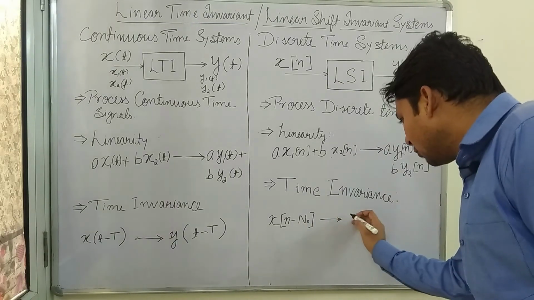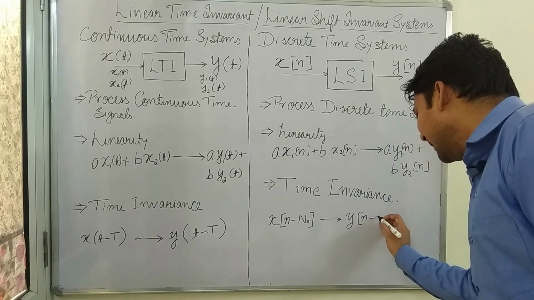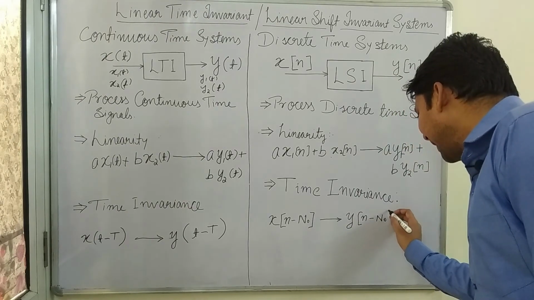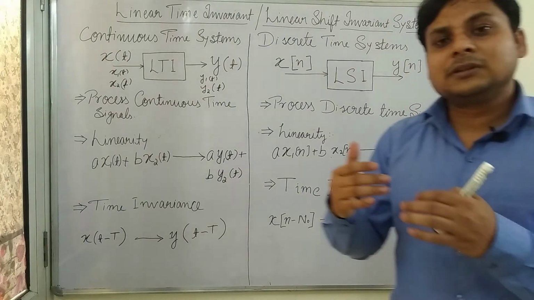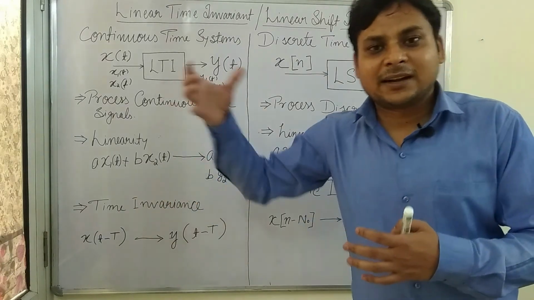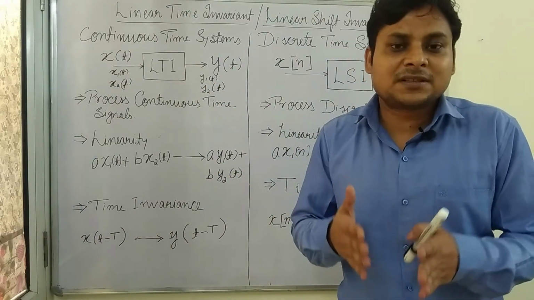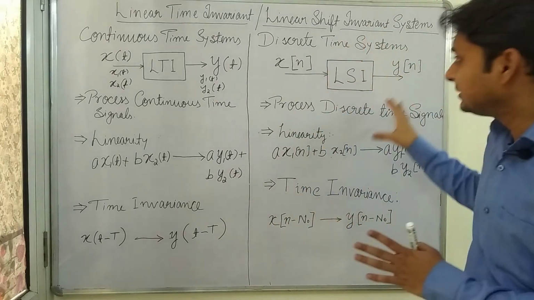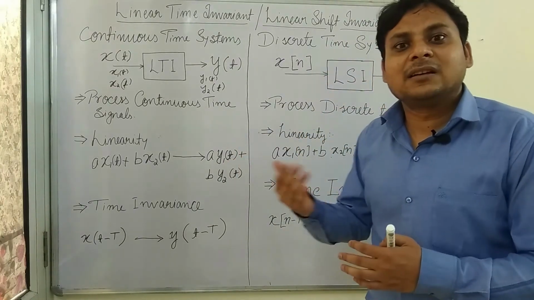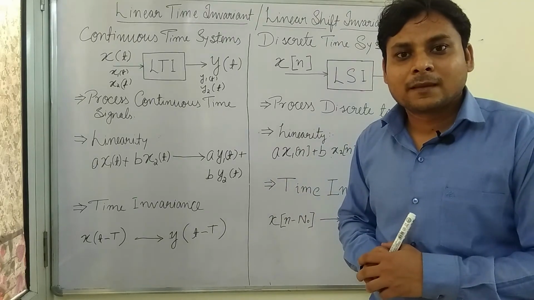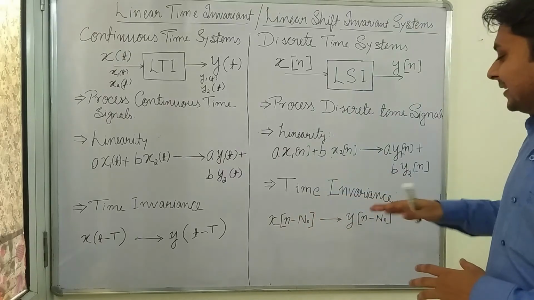Now the output will be y[n minus n0], meaning no characteristic has changed. The output is also delayed, but the characteristics of the system are constant. The characteristics of the system do not change in this discrete time case by varying or delaying the time of the input. So these kinds of systems are also known as time invariant systems.